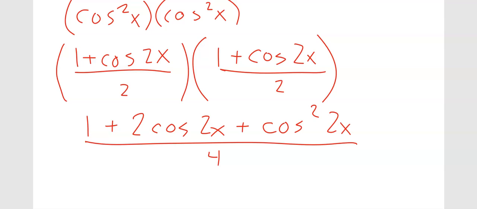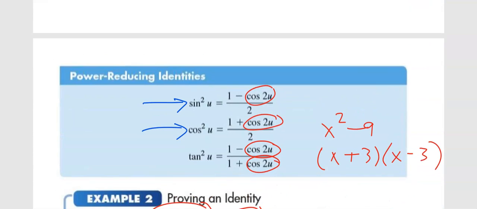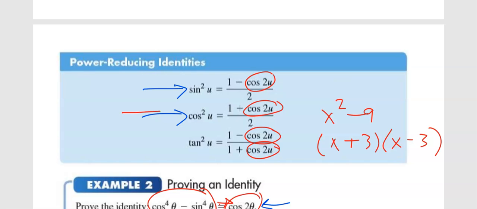How would it look if I did cosine squared 2x? You would replace every one of these u's with a 2x. So what is 2 times 2x? Yeah, and that's what they show in the book.